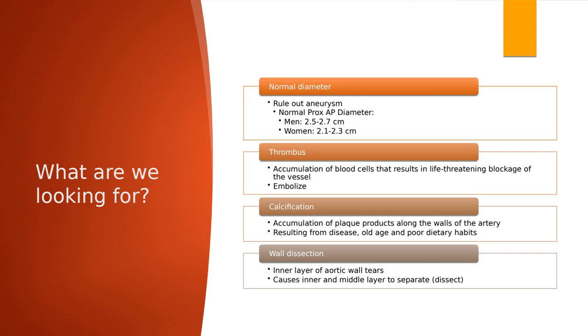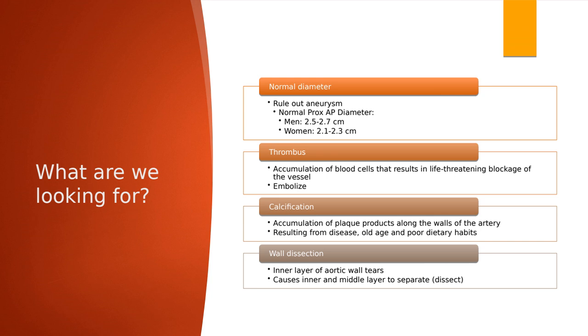So we get poor circulation, we get potential ruptures of arteries, we get potential splits of arteries in the arterial wall. So although it's a little less acutely important than an aneurysm or a thrombus, it's still very important to monitor.